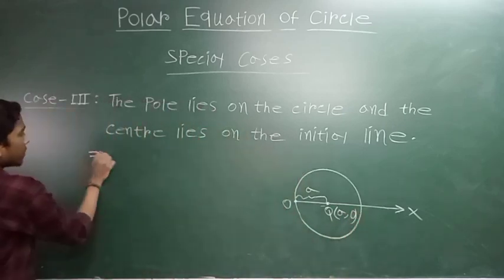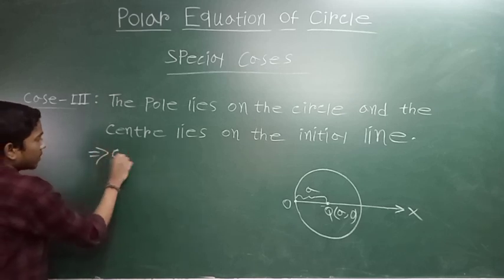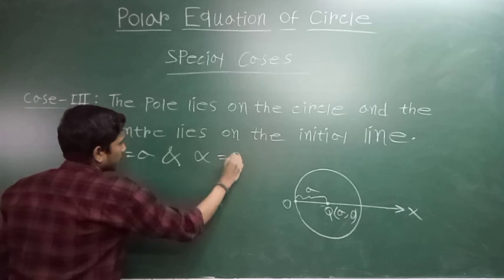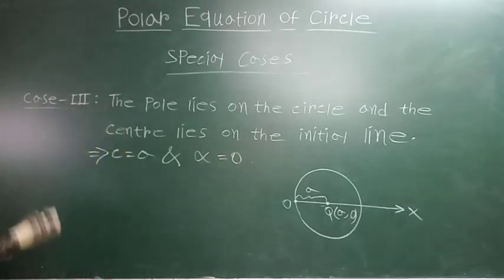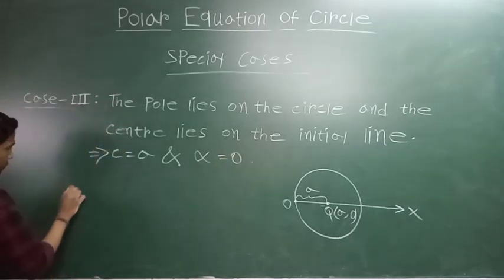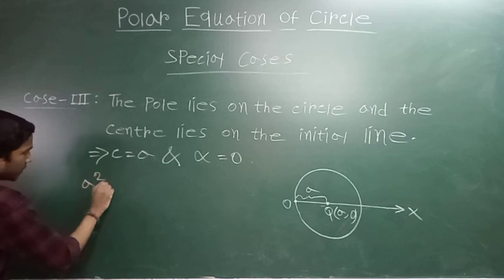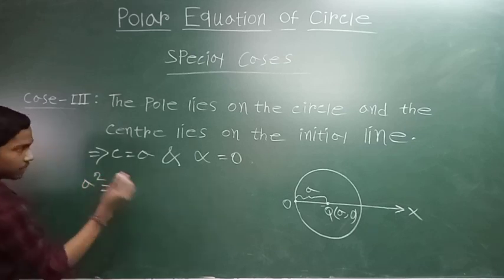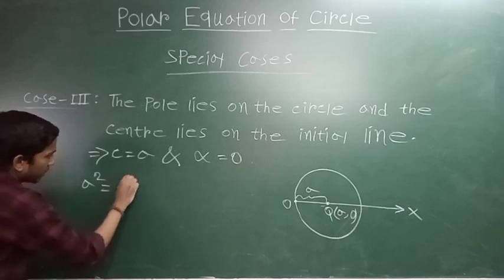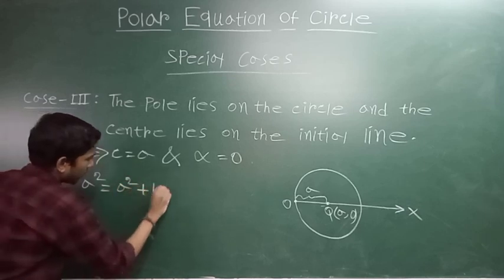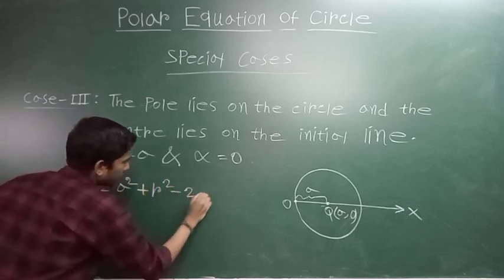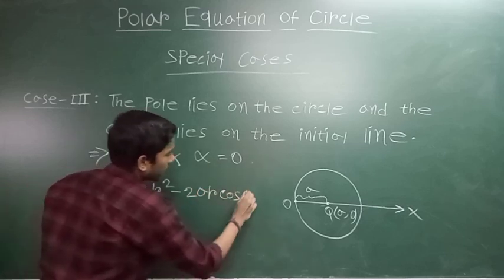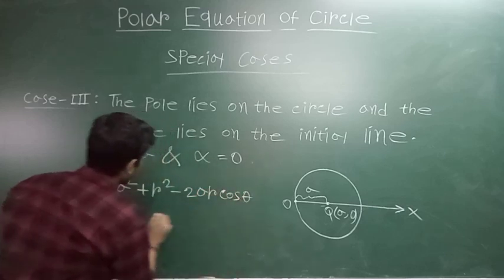In this case we get that C is equal to A and also alpha is equal to 0. So the equation of the circle becomes A square is equal to C square plus r square minus 2cr cos of theta minus alpha. In place of C we write A, and alpha is equal to 0, so cos theta.